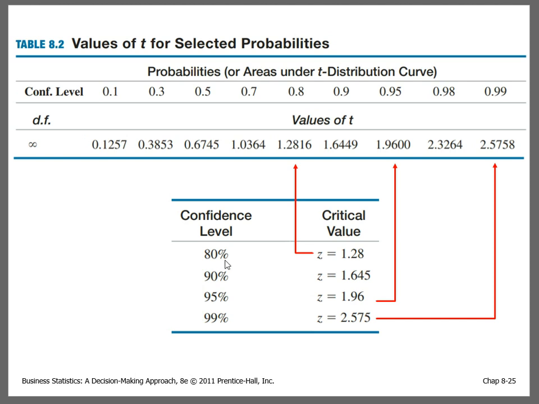With the 80% confidence level, it is the same as the t value for infinite degrees of freedom. The same with the 95% and the 99%.